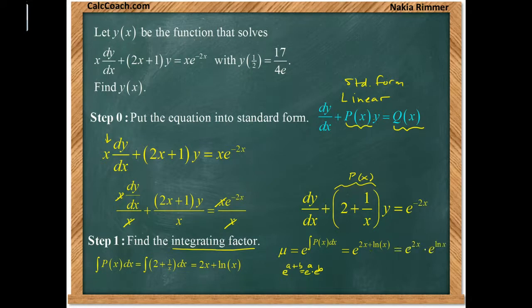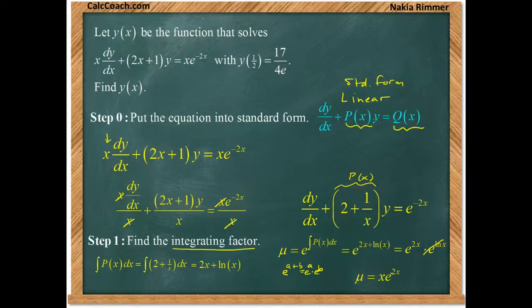So we'll have e to the 2x times e to the log x, because these cancel, and it comes down as just an x. So your integrating factor is x e to the 2x. On the next slide, we see what to do with that.